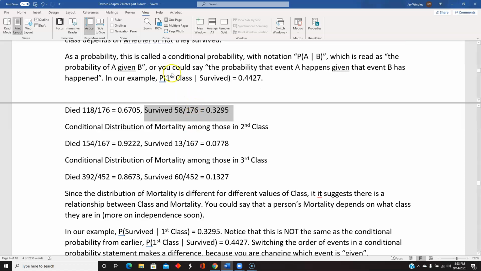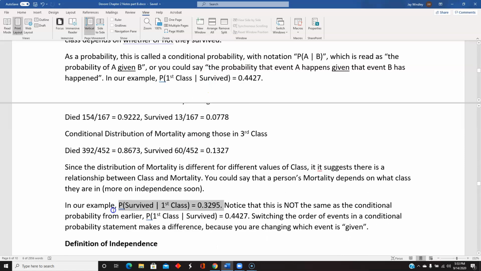The probability that someone was in first class given that they survived is 44%. The probability that someone survived given that they're in first class is 33%. So those two are not the same. And in general, if you switch the order of a conditional probability statement, that makes a difference, and that changes the probability because you're changing what is given.